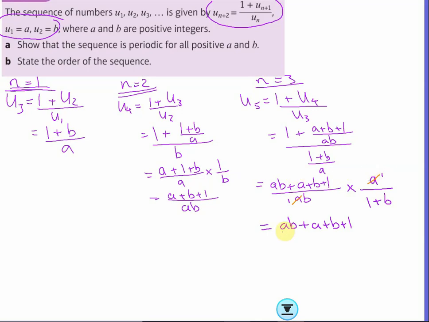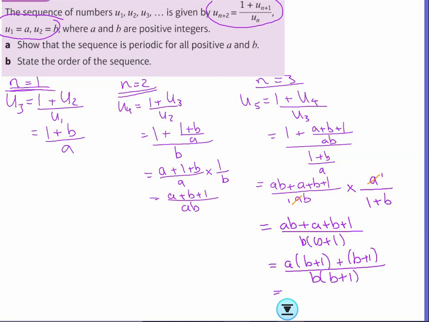So that's fine. And then what I have here is b lots of b plus 1. And I'd really like to be able to cancel something. So can you see this bit here? If I factorise for a, what I actually get is a times b plus 1. And then I have another b plus 1. So I have two terms. So if I can divide the entire top and the entire bottom by something, then that's great.